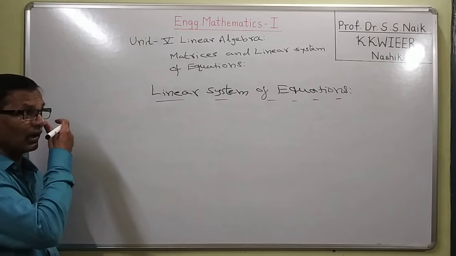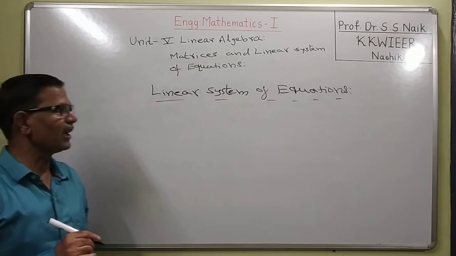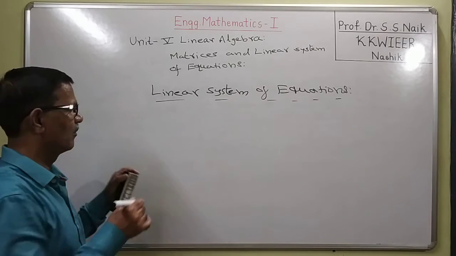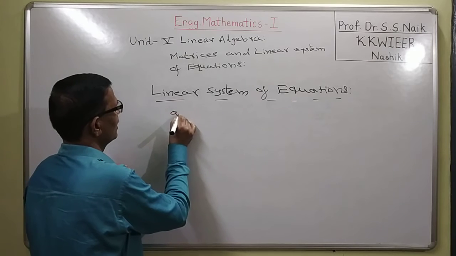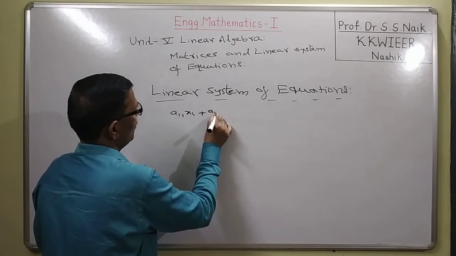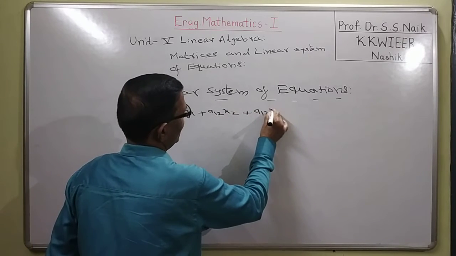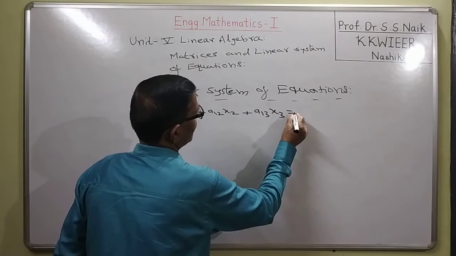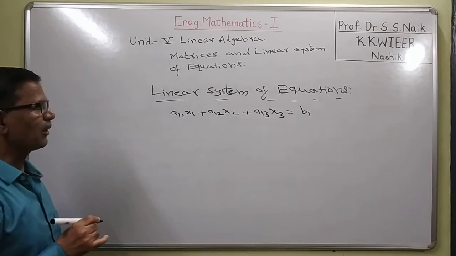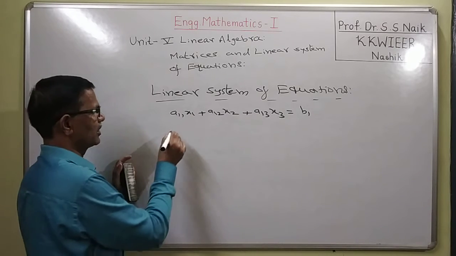So for our understanding, we'll take an equation containing 3 variables and we'll take such 3 equations. For example, we'll start with taking a11 x1 plus a12 x2 plus a13 x3 is equal to b1. This is equation number 1, having 3 variables x1, x2, x3.